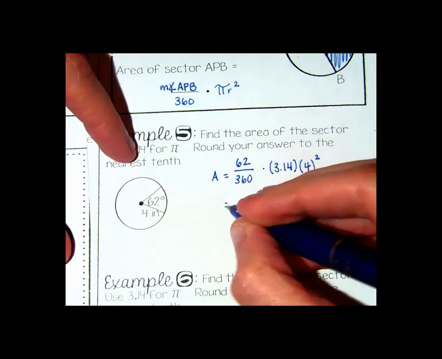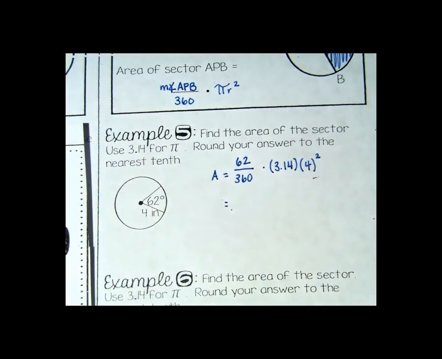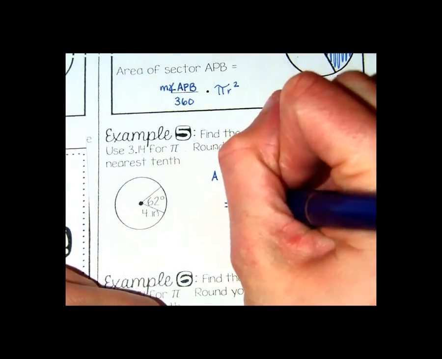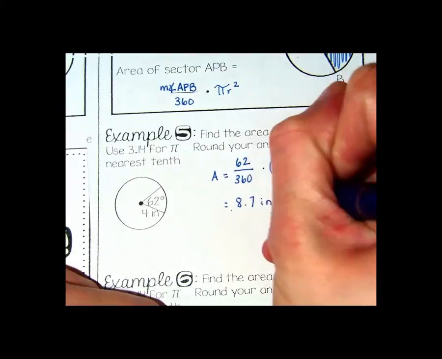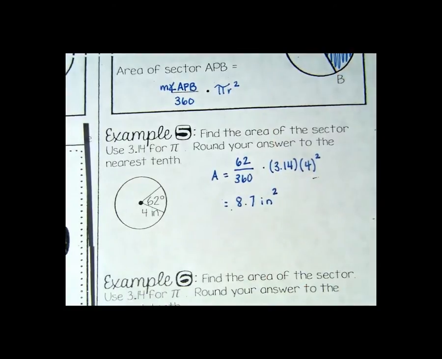Do you know how to get a fraction on your calculator? Alpha y equals enter. Okay, type that in and get us a decimal. It says round to the nearest 10th. .7 inches squared. It's still squared because it's still area.